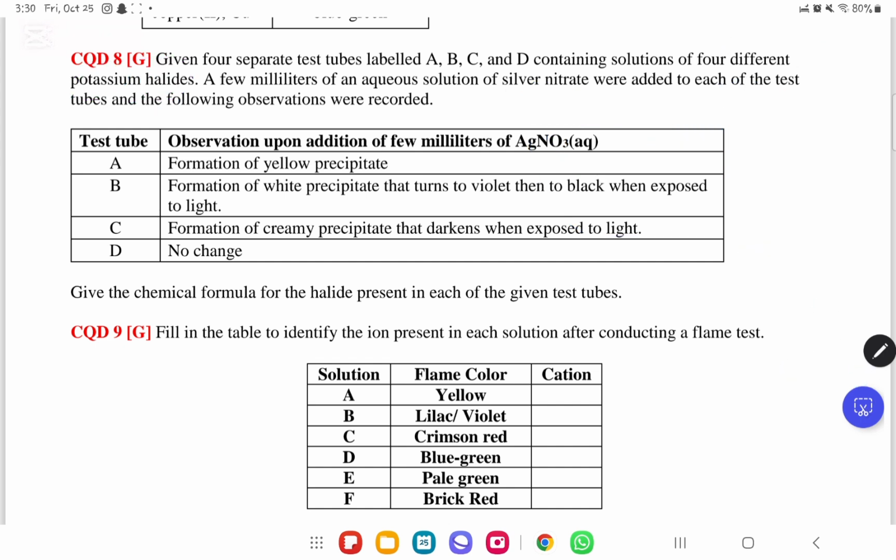So if we put it in order, the formation of a yellow precipitate has I, so it's KI. A white precipitate that turns violet, then black when exposed to light, is KCl. The formation of a creamy precipitate is KBr. No change is KF. So that is CQD number 8.